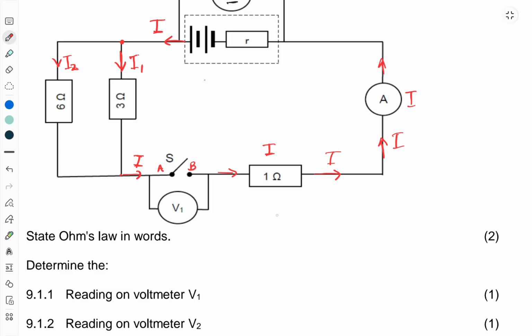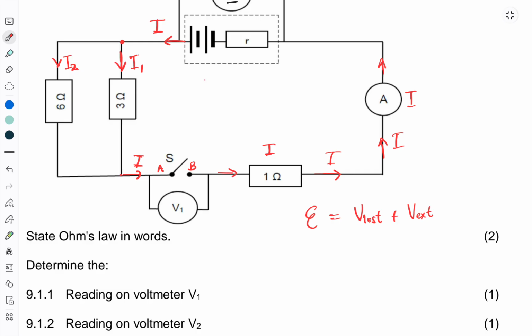So as a result, remember we said EMF is equal to the V lost. We usually say EMF equals I times r plus the external, let's just say X. That's what we usually use.